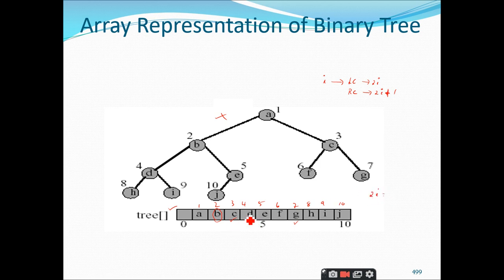Therefore the value that is stored inside this fourth index will be the left child, and the right child will be 2i plus 1. So the fifth index will be having the right child of B. So when you represent the binary tree using arrays, you can easily find out the left child and the right child by using the properties of the node numbering. Is it clear?